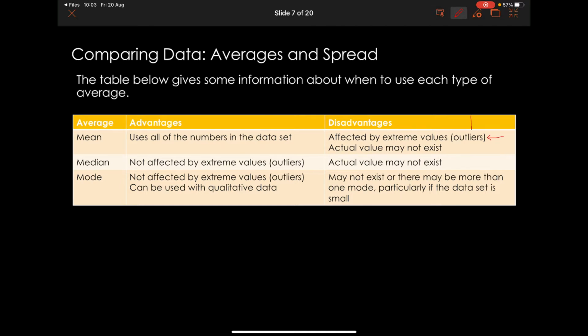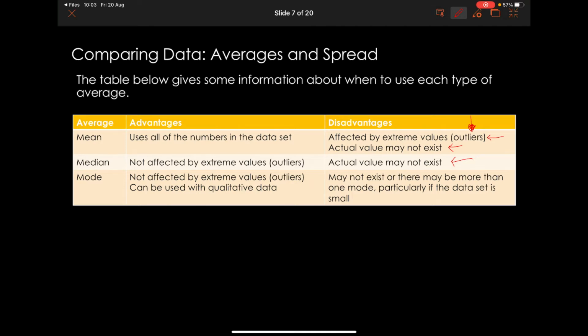The mean will be affected by that size 10. Also the actual value of the mean might not exist because sometimes you get a decimal value. The median is not affected by extreme outliers because we put them in order of size from smallest to biggest. But still the actual value might not exist because we sometimes get a decimal as well.